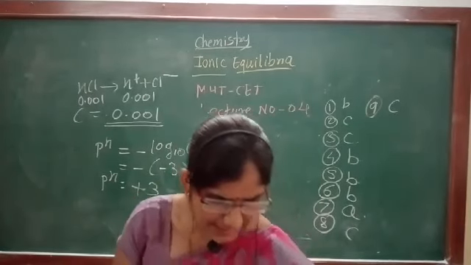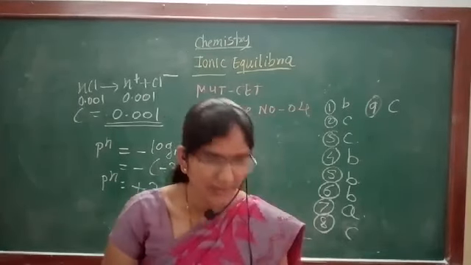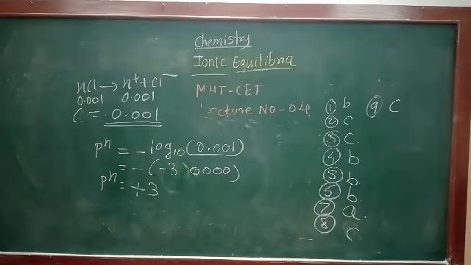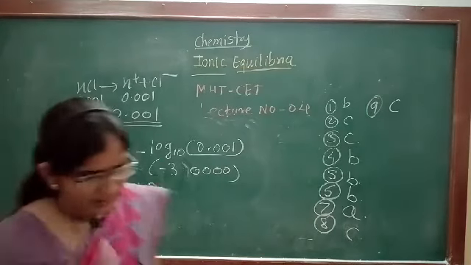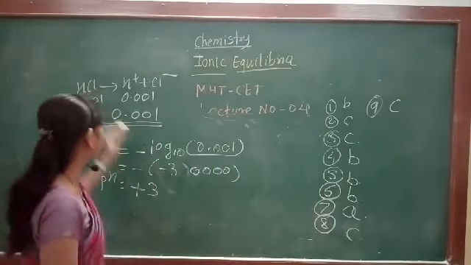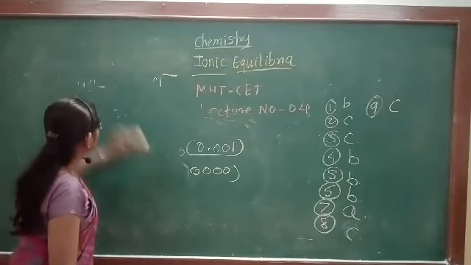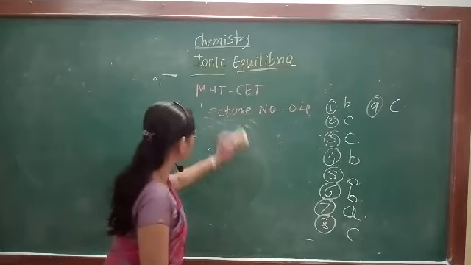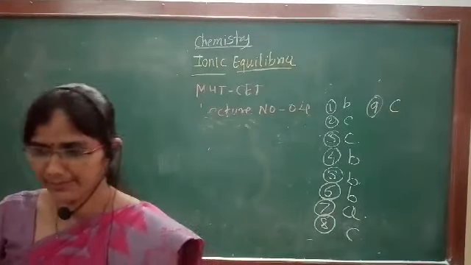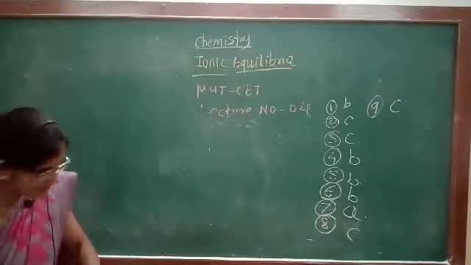Then next, the same type of example is given for you. The next example is here: if the degree of dissociation of an acid, degree of dissociation means alpha.